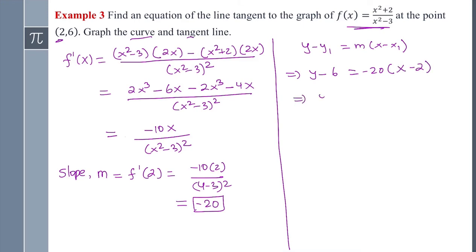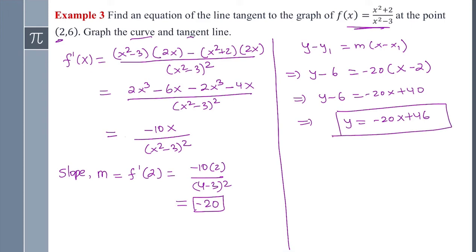This gives us y minus 6 equals negative 20x plus 40. Now if we add 6 on both sides, we get y equals negative 20x plus 46. And this is the equation of the tangent line at 2 comma 6. Now you can go ahead and graph both the curve, the function, and the tangent line, and you can verify the tangent line should go through 2 comma 6.